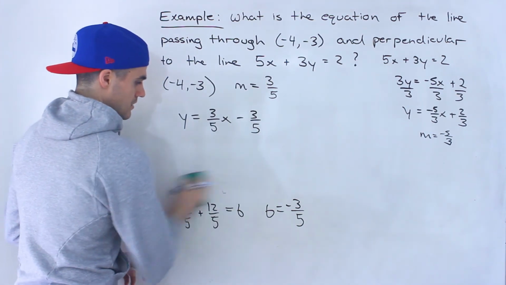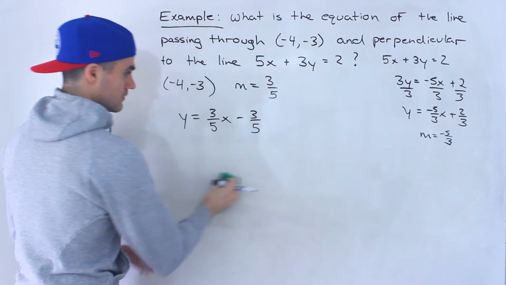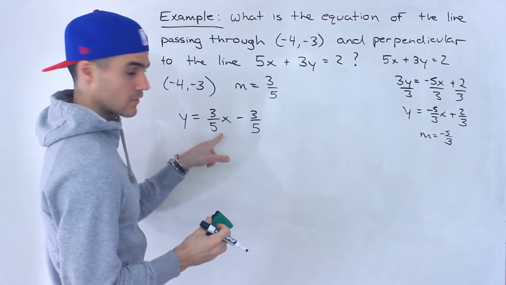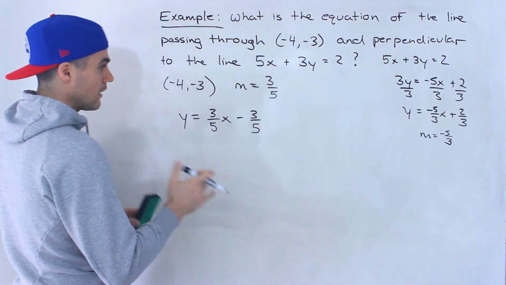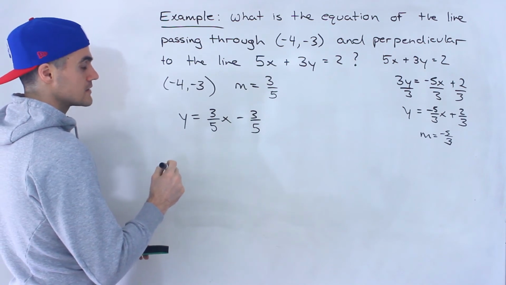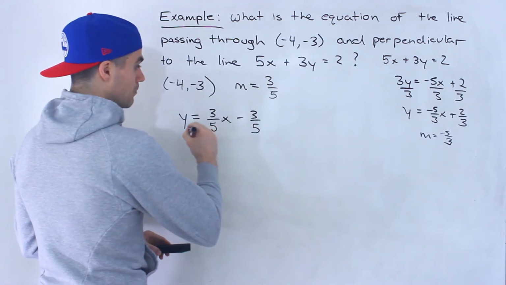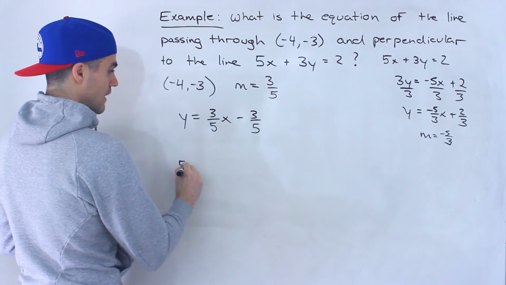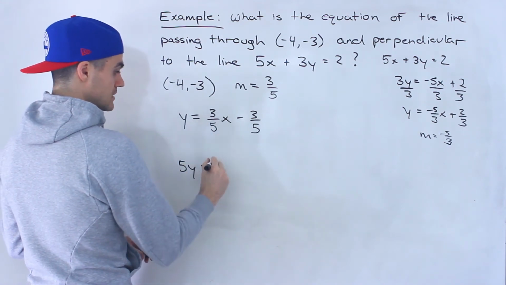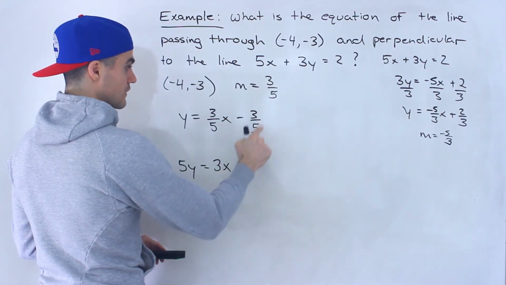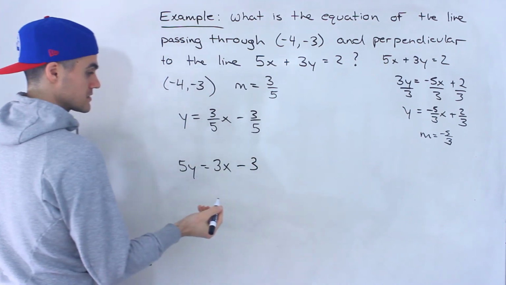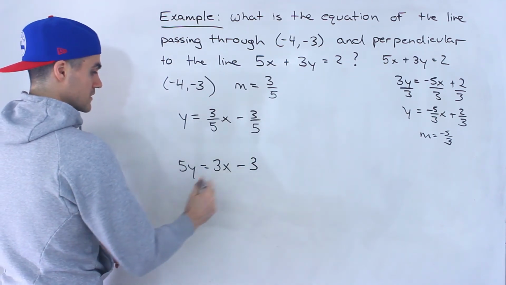All right, so that is one format for the line. But it could be in other formats as well. If we wanted to get it in standard form, we can multiply everything by 5. So we'd have 5y. The 5's would cancel out, so this would just be 3x. The 5's would cancel out, so we'd just be left with -3. Then we can bring this over, right?